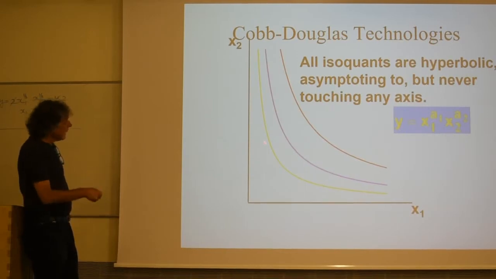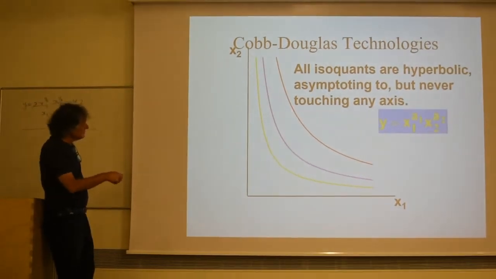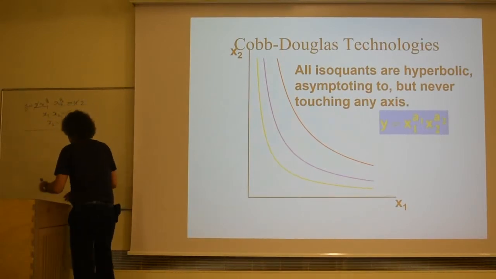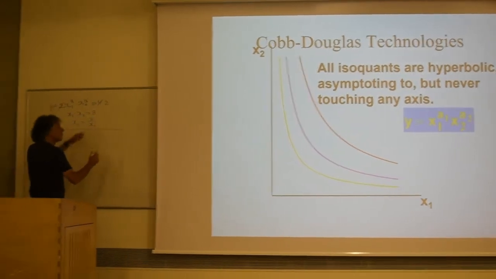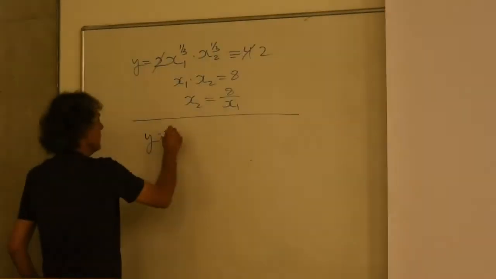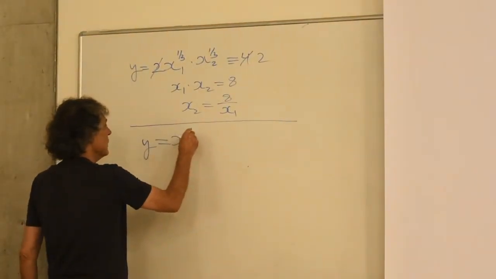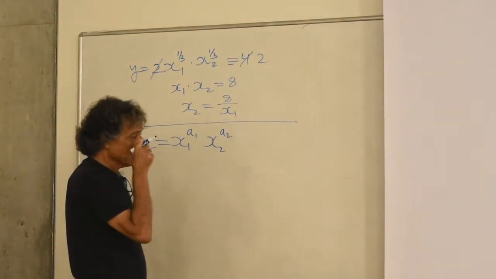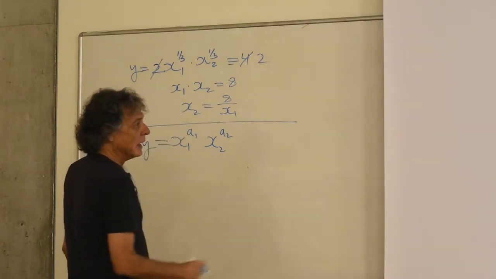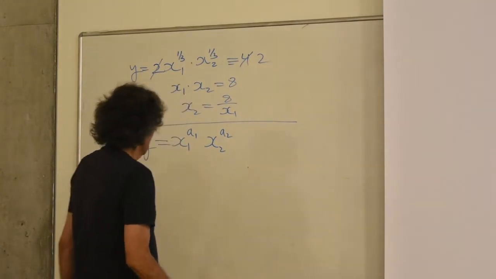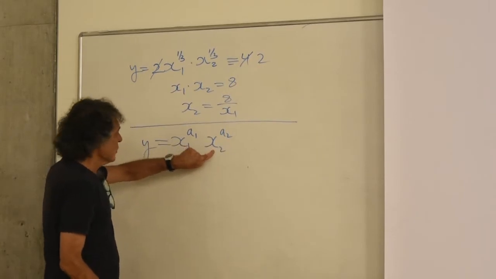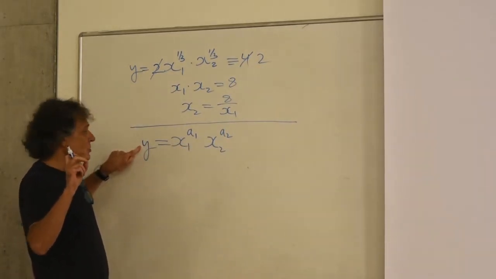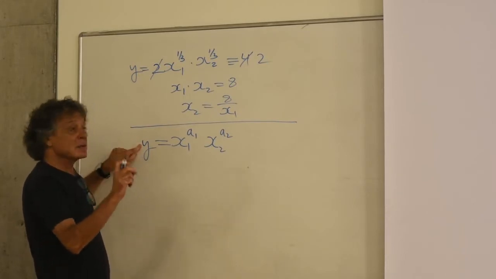And the isoquants go like this. Okay, if you want a typical isoquant, it is this. But well, here we talked about y equals x1 to the a1, x2 to the a2, that's it. So let's say I want to find out x2. What is the isoquant? You fix the y. So fix the y, think of it as a number, 7.